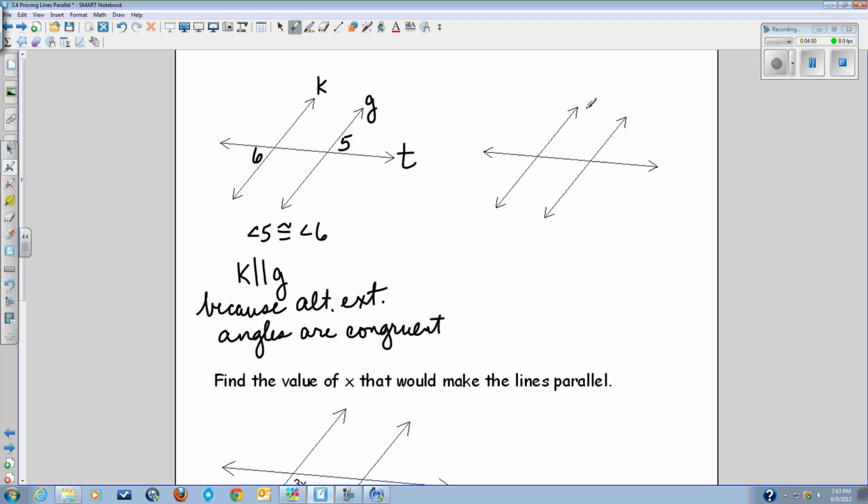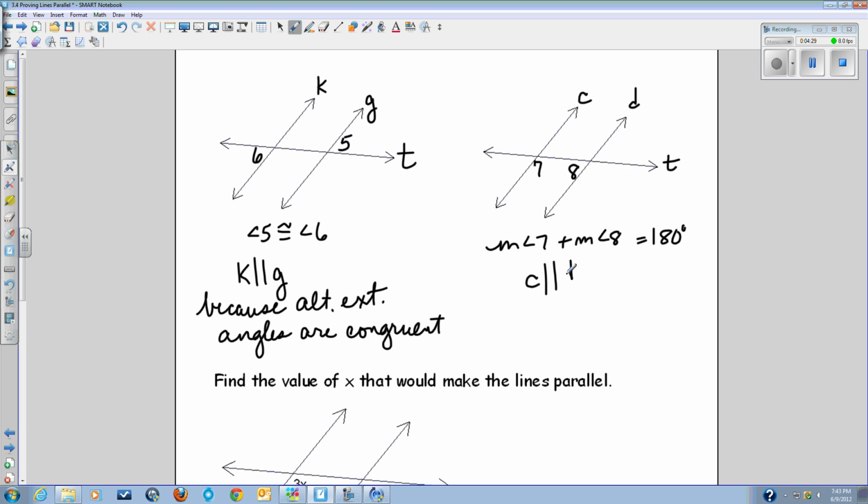Now, in this next picture, I'm going to have lines C and D, transversal T, and here are angles 7 and 8. And I'm going to give you this information that the measure of angle 7 plus the measure of angle 8 equals 180 degrees. And that is enough to show that lines C and D must be parallel.